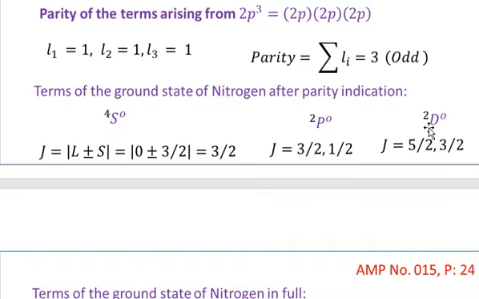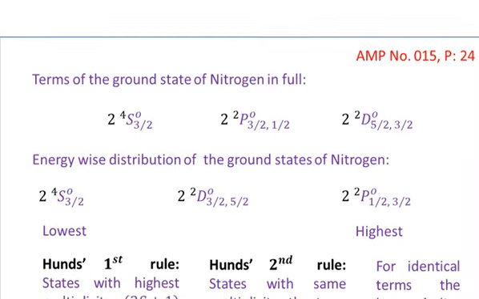For the D state, you have capital L equal to 2, and again S is equal to 1/2 for this state. So 2 plus minus 1/2 will give you J equal to 5/2 and 3/2. So now I can combine all these states, and I can also write down the total quantum number J with them.